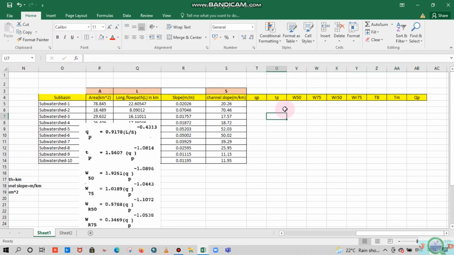So first we will find this qp. We have this direct empirical relation: 0.9178 into the length, the longest flow path length, divided by this slope, which is the equivalent channel slope here, to the power minus 4313.